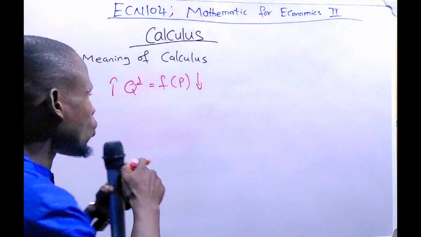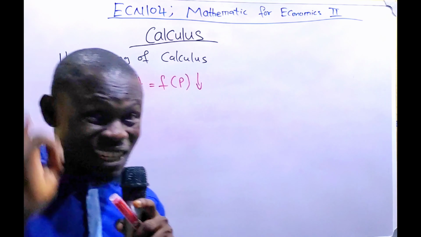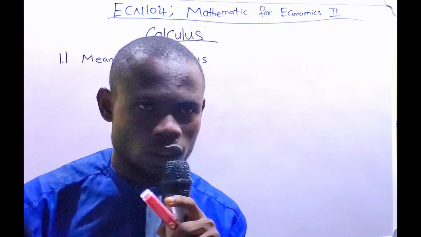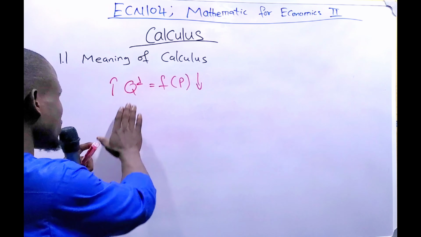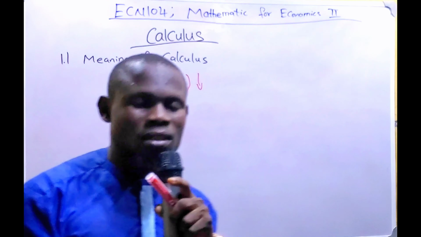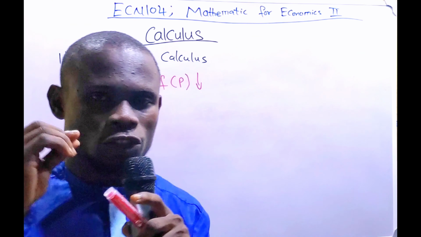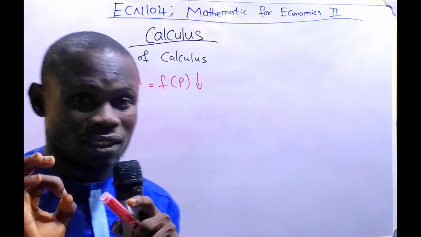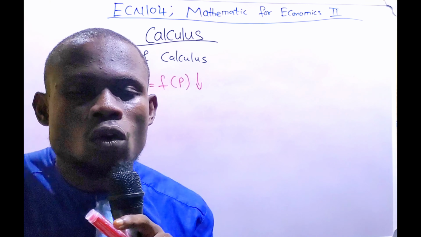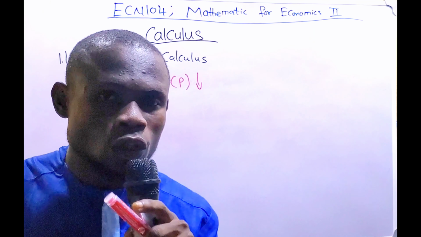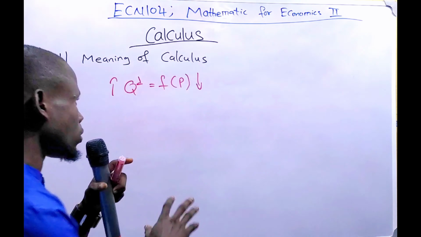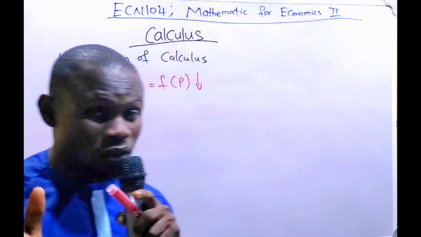That is, for the quantity demanded of a commodity to have increased, its price must have reduced. So the quantity demanded and price are inversely, or negatively, related. Having that understanding, you can go on and transform this into an equation, the very basic picture of an equation. Here it will definitely be a linear equation.